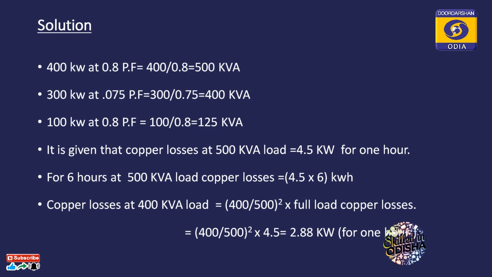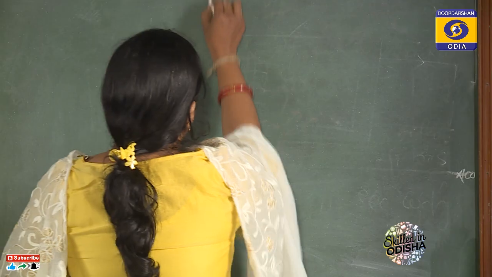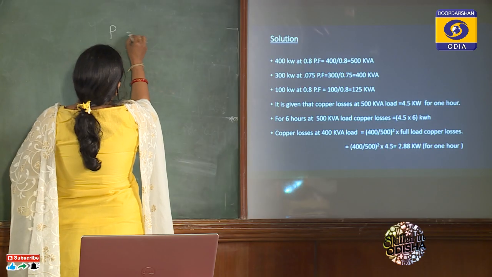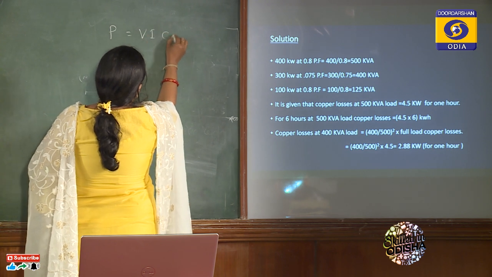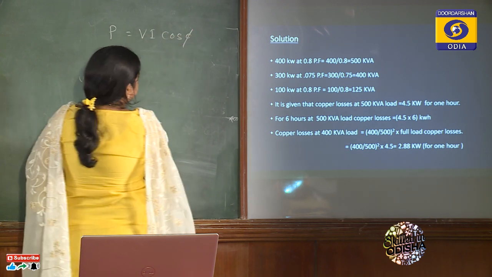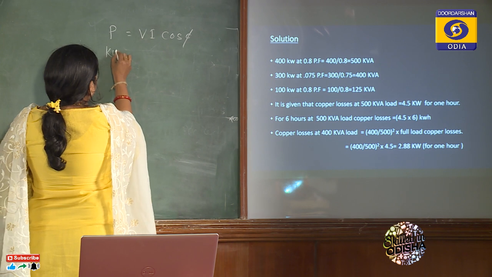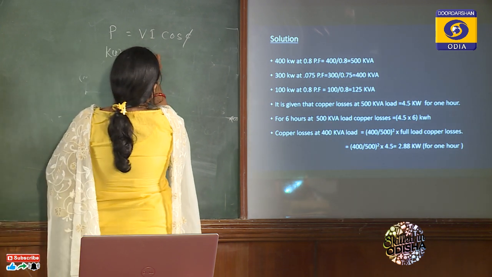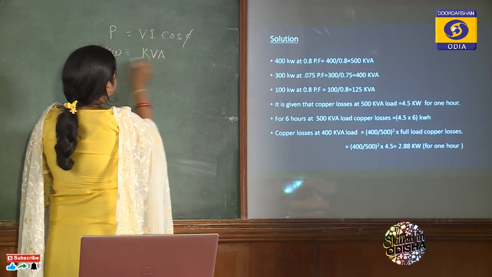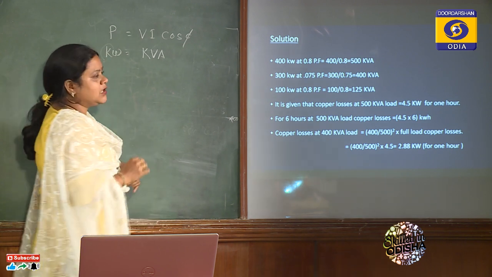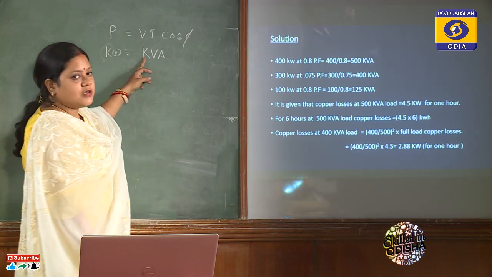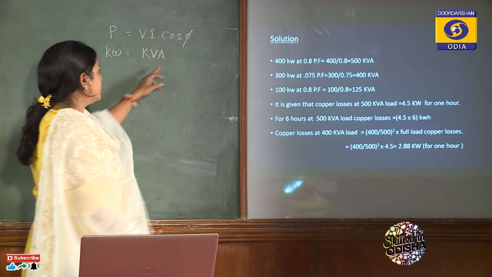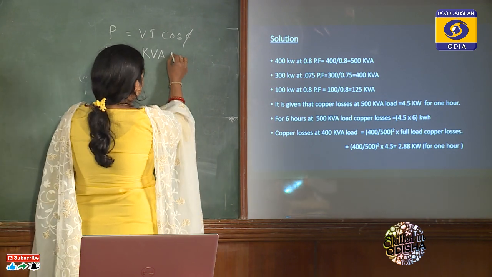We all know that power is equal to VI cos phi. So P is in kilowatt and VI is in kVA, kilovolt ampere, and cos phi is the power factor.